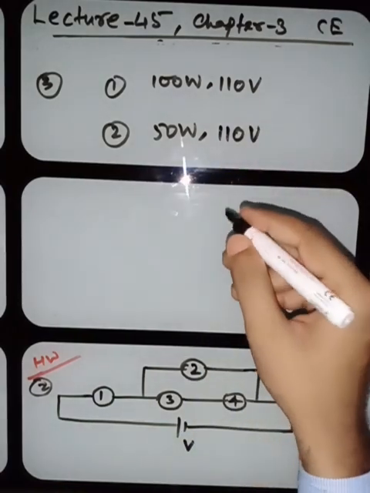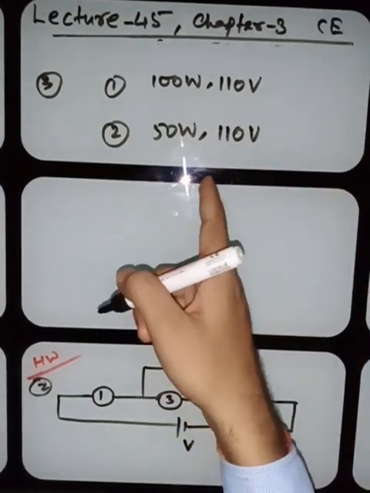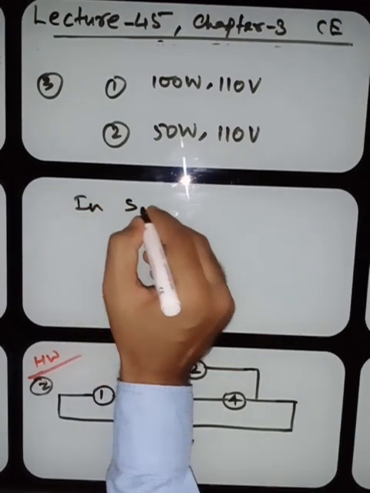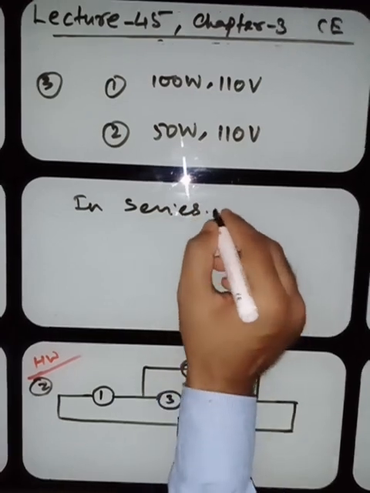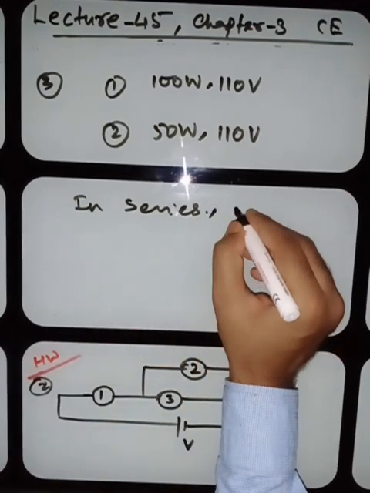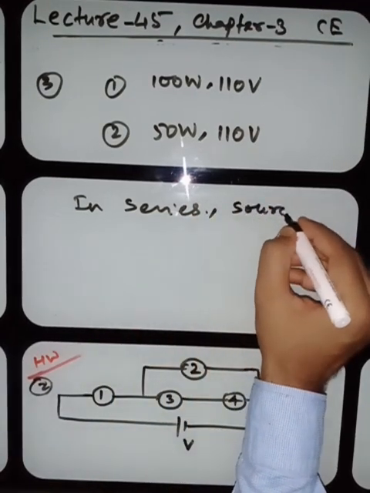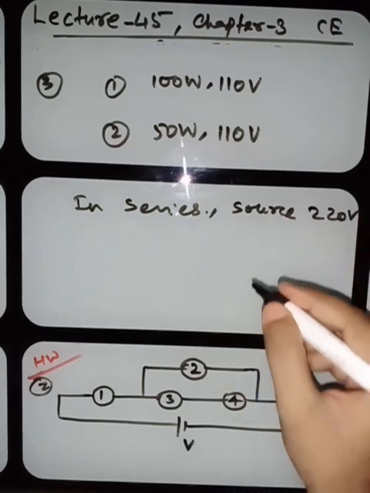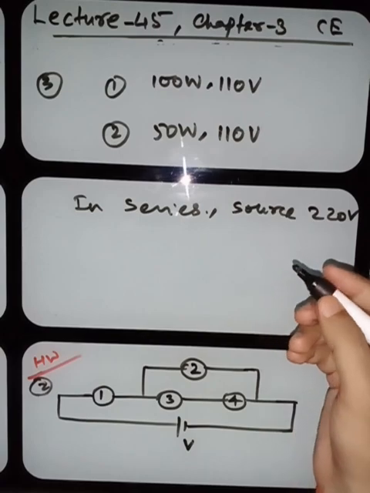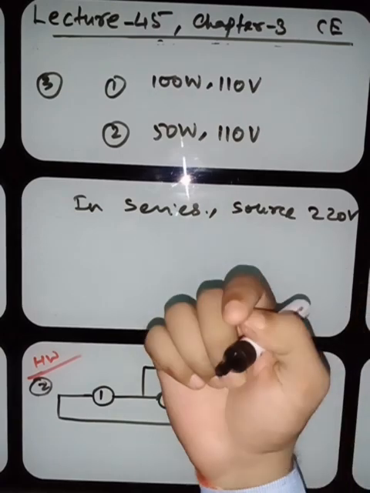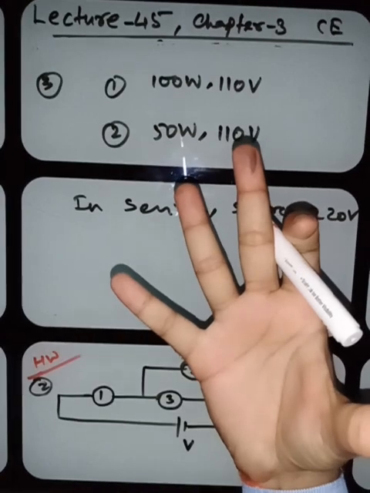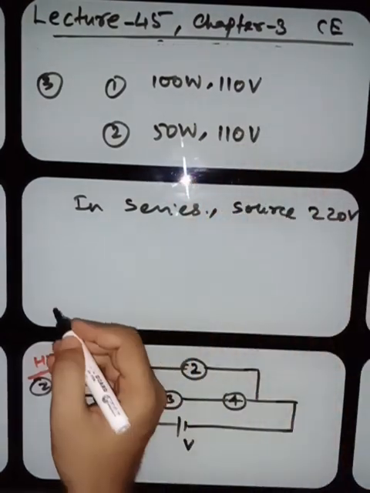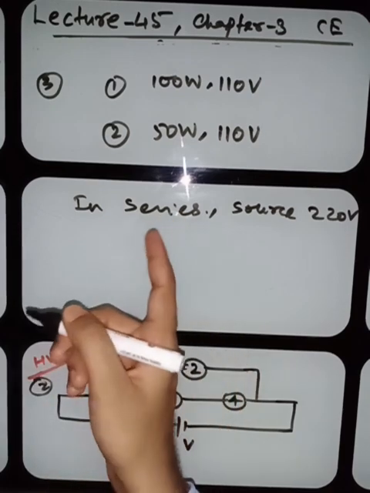If you connect these two bulbs in series, listen carefully to the question, in series with a source of, just take, 220 volt, you find one bulb bursts. Now the question: which bulb will burst and why? If you are connecting in series.